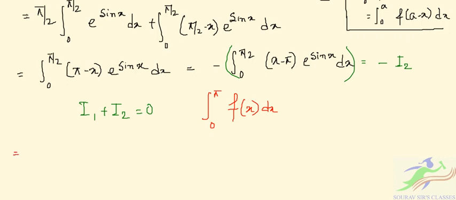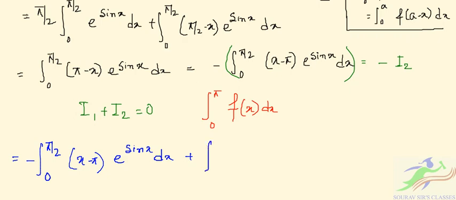Now we will do this: 0 to pi by 2 of x minus pi e to the power sine x dx, plus pi by 2 to pi of x times e to the power sine x plus 4 by pi dx.